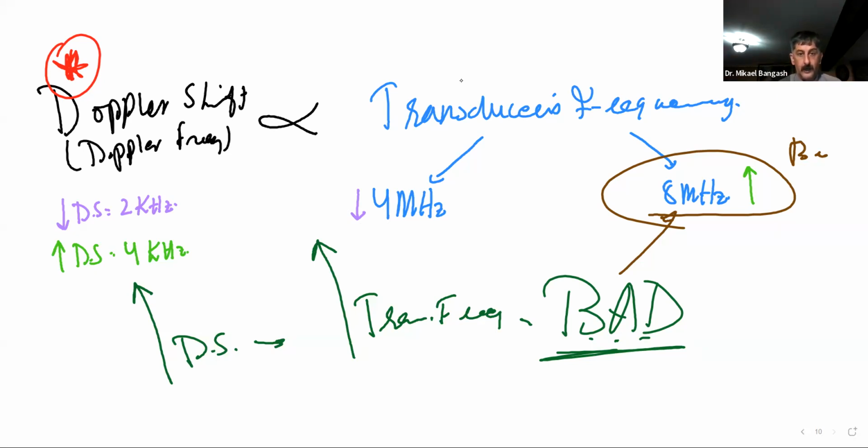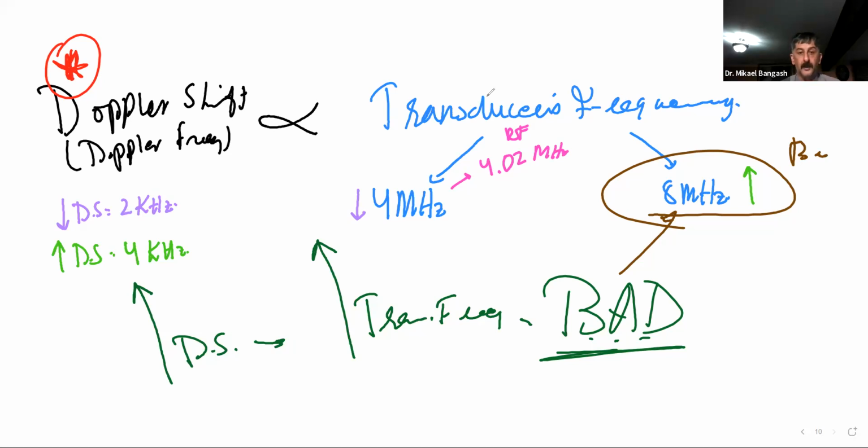If the reflected frequency, for instance, was 4.02 megahertz, we still had a Doppler shift of 2 kilohertz.